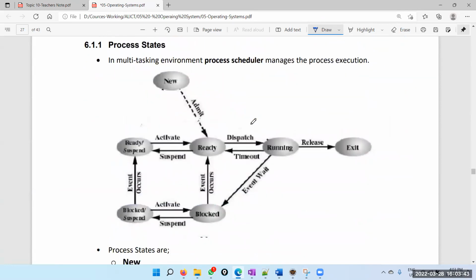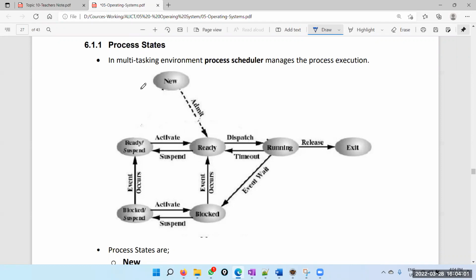Right. So this is the diagram we discussed, for when a process is started. I told you there are three ways a process can be started. One, the user starts a program by running it, double click or whatever.